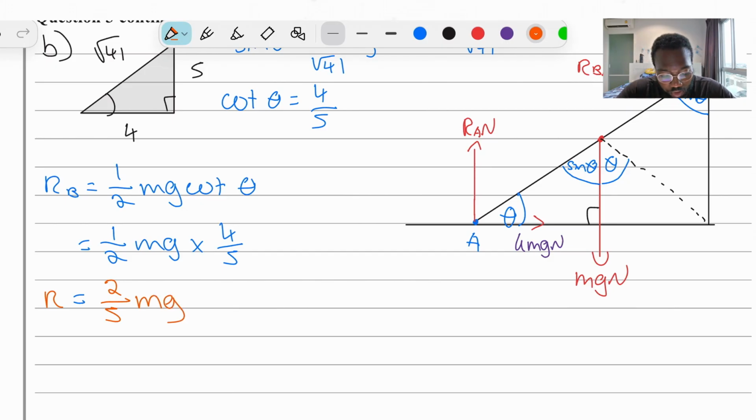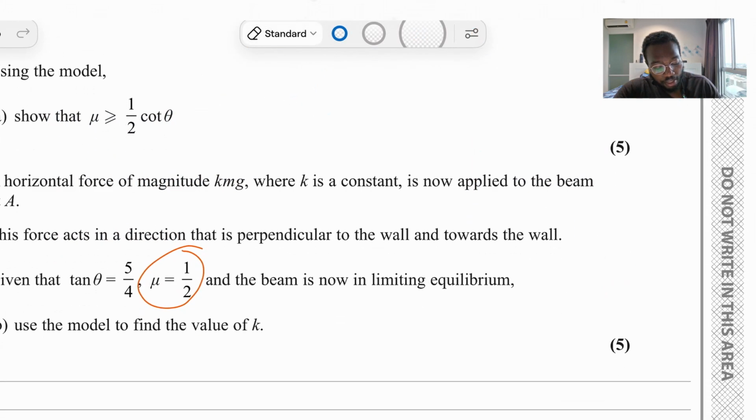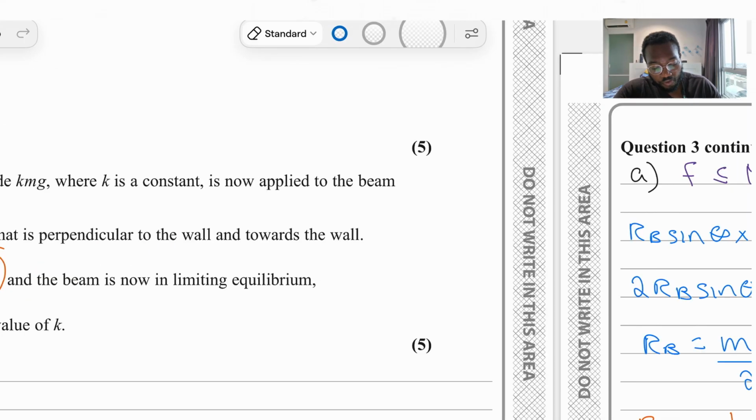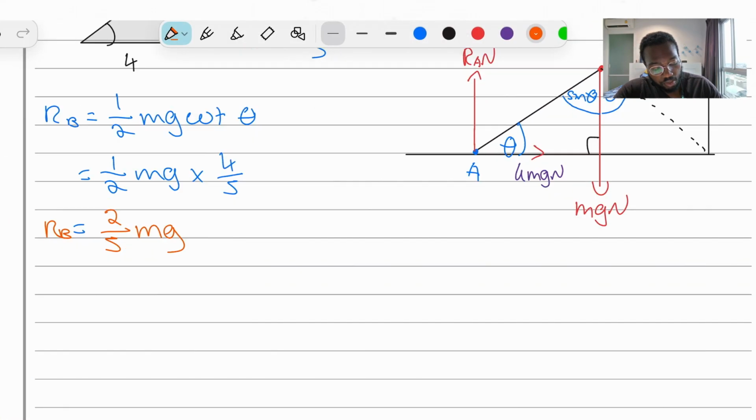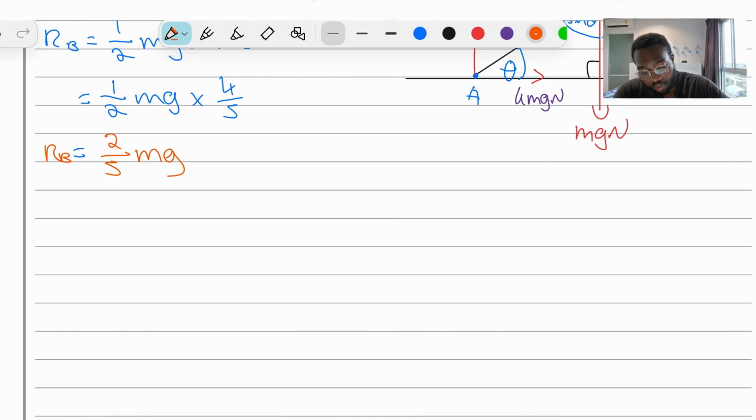So why is that important? Because this can now help us figure out what direction our F is going in. We know in the question that mu is equal to a half, so we can actually work out the friction, and that can help us to determine the direction.